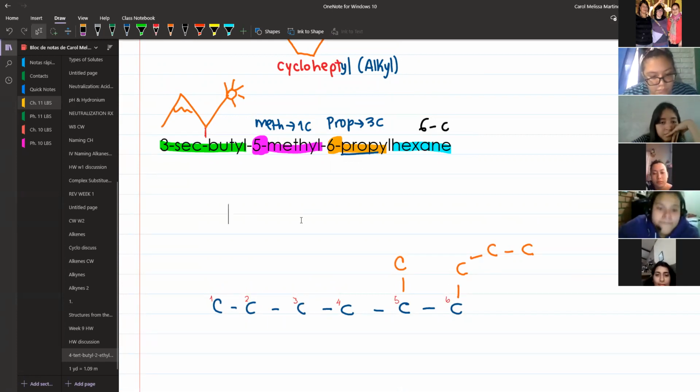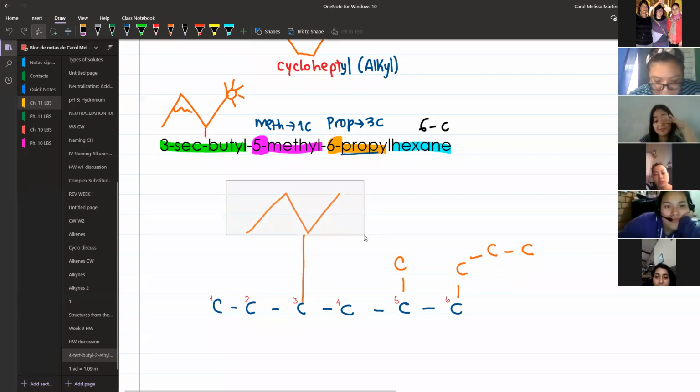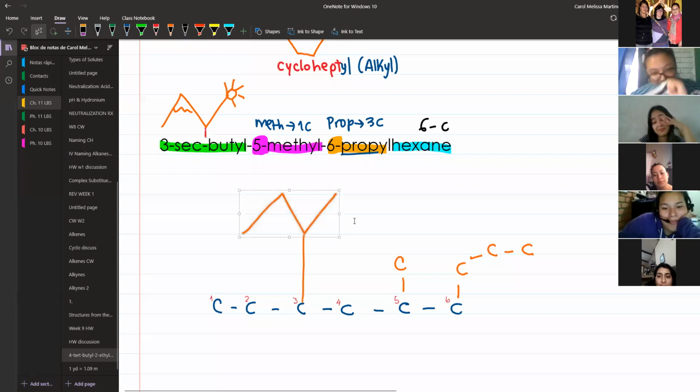It says position 3. So, in my position 3, I have... I'm going to draw it a little ugly. That is a mountain with fire. Now, I will locate my carbons.